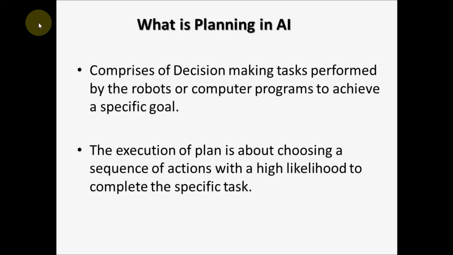One of them is goal stack planning. A plan is nothing but the sequencing of the set of actions that can be taken. If the actions are executed in that particular sequence, you're going to get your solution. So that's a plan.